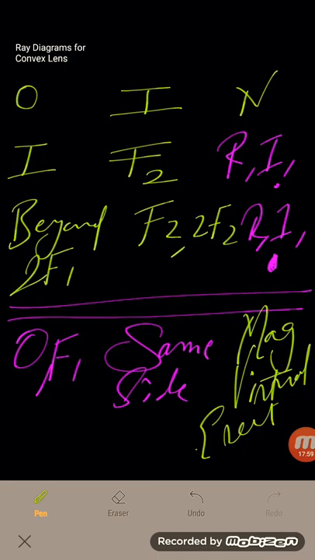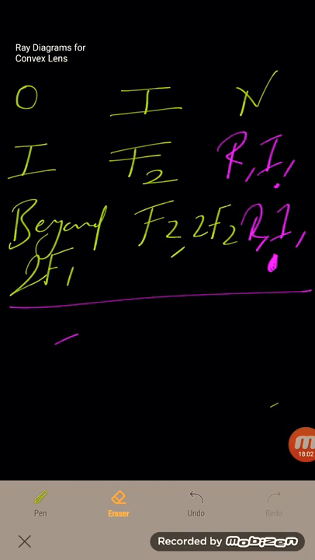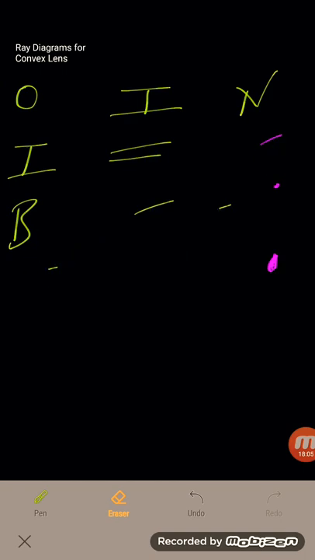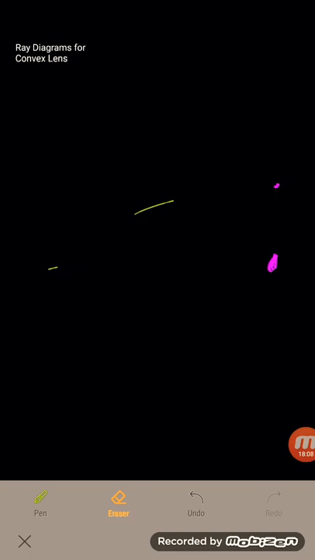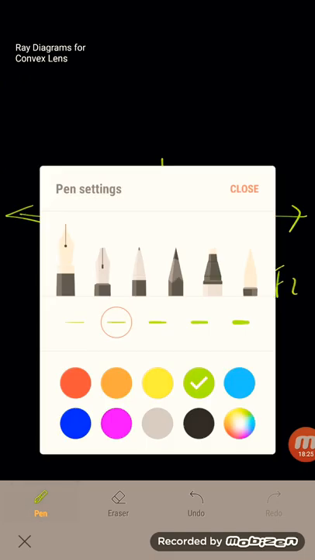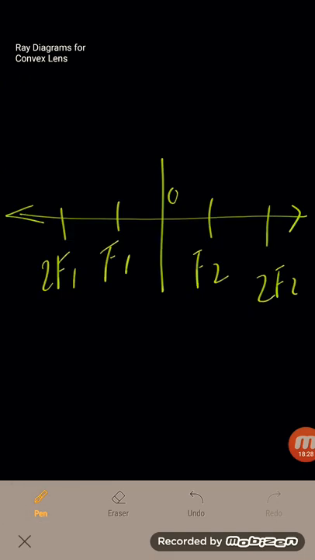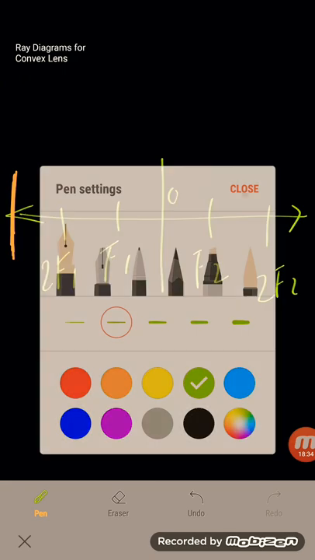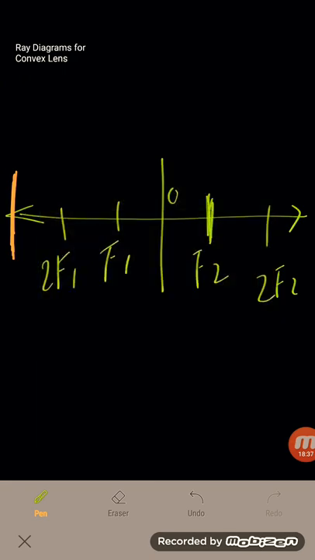Now how to remember this? Okay, how do I remember this? This is simple. I don't remember the entire table, right? But what I do is, see, suppose this is O, F1, 2F1, F2, 2F2. If the object is at infinity, image is at focus, right?